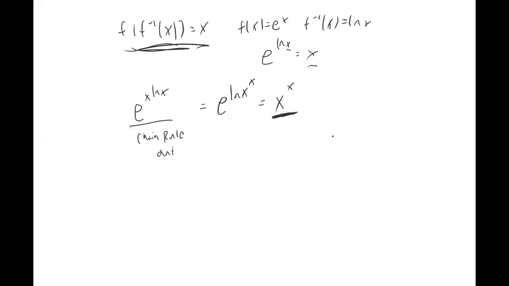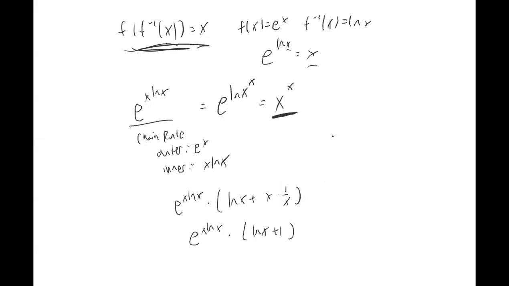My outer is e to the x. My inner is x ln x, right? So the derivative of e to the x is e to the x, so it's just this. And then times the derivative of the inner, x ln x, which we did before: ln x plus x times 1 over x, which is ln x plus 1.